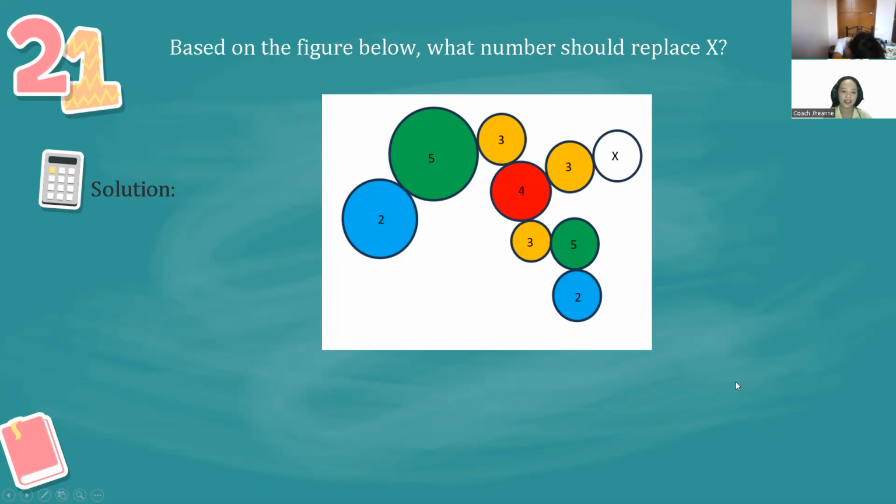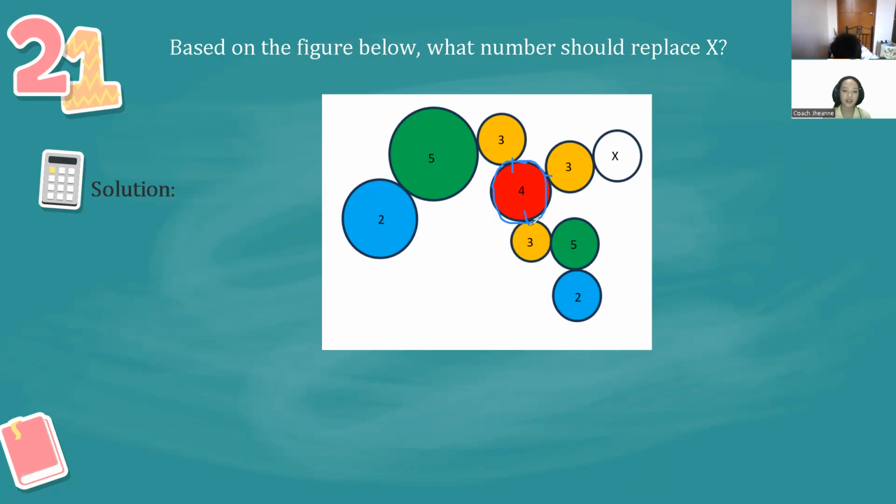Number 21. So there is a pattern here, if you can see. For this, we get another color. This one here is attached to the 3s. This ball here is attached to these 3 balls, which contains number 3.